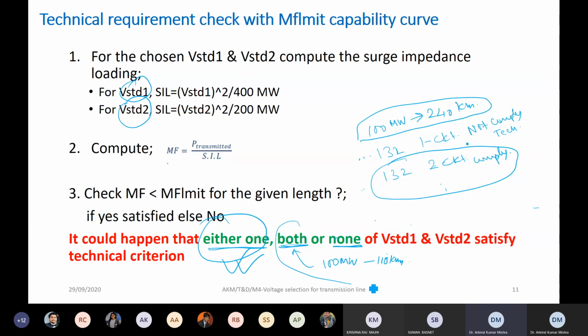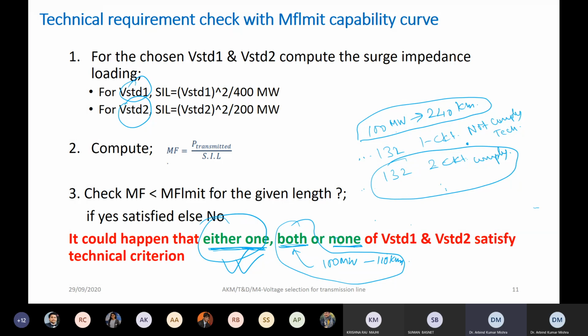So what we have to do, that is a burden, is that you may need to explore some other parameters. And if none of them comply, then what do we do? What I mean is that it could happen that, whatever two standard voltages and number of circuit combinations we have chosen, if only one passes and one fails, just select that one, and your voltage selection and number of circuits is complete.